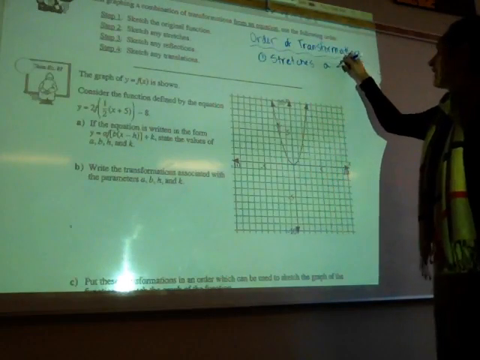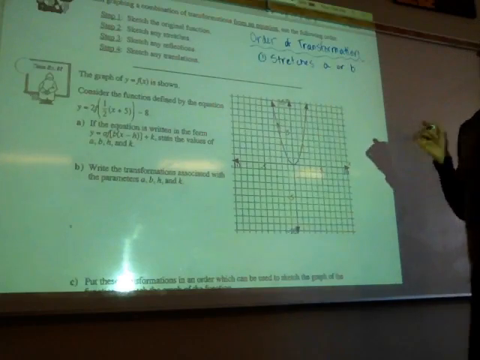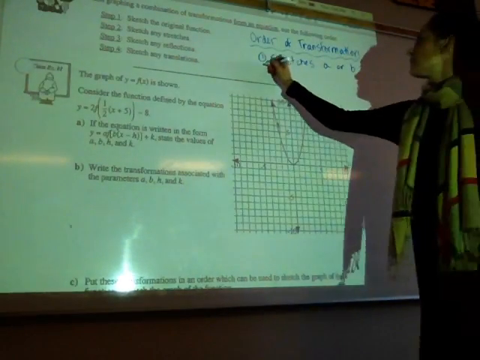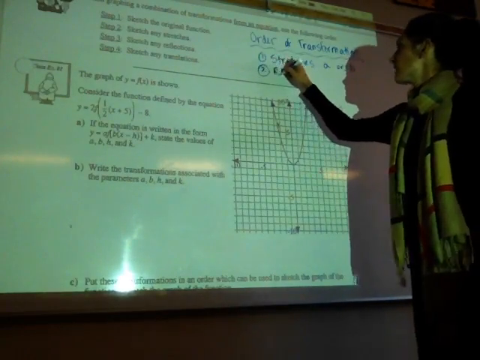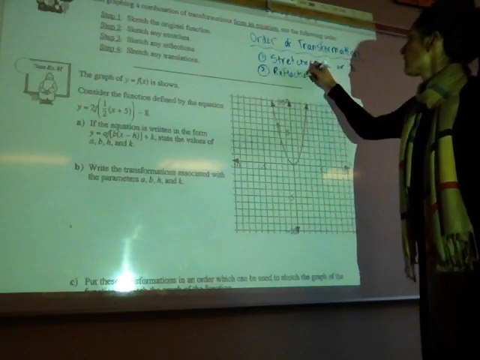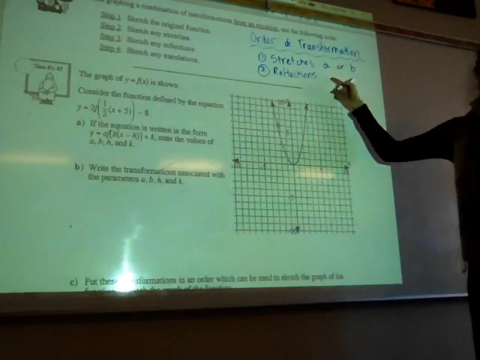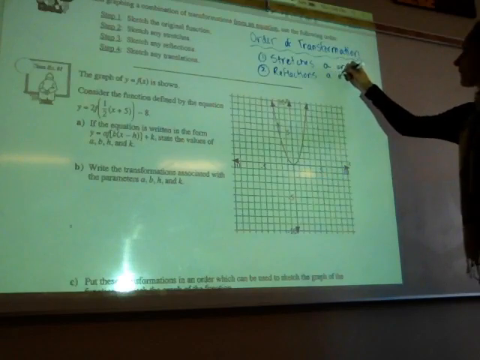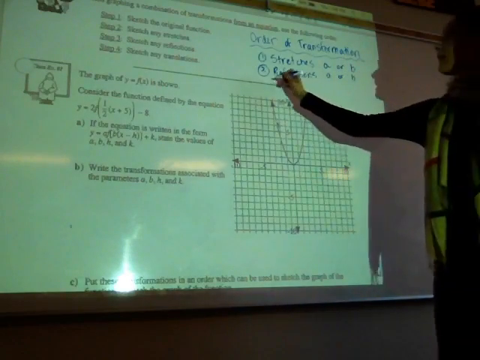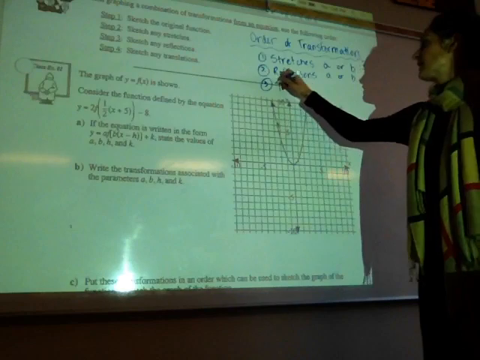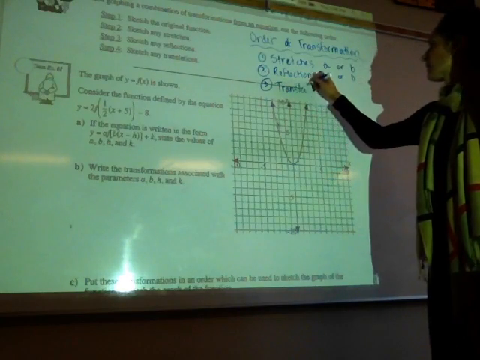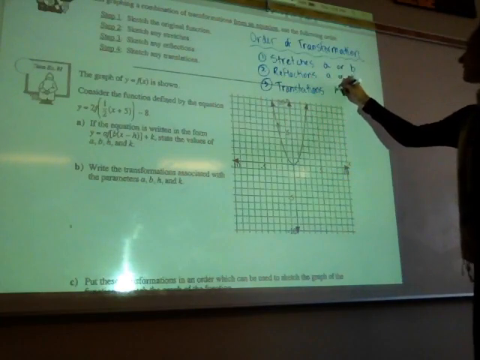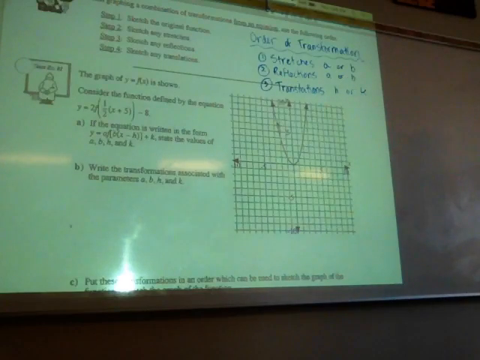That's going to be your A or B. Then you would do your reflections. Again, that's dealing with your A and your B. And lastly, you would be dealing with your translations, and that's H or K parameters. So if you're ever asked about order, please make sure you remember this.